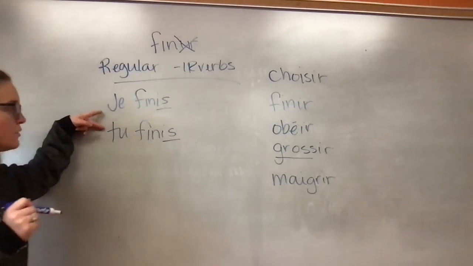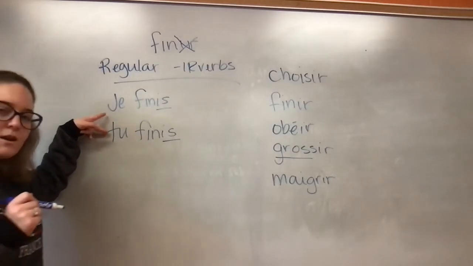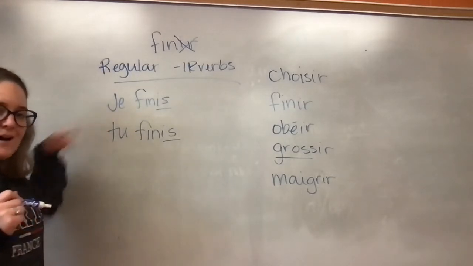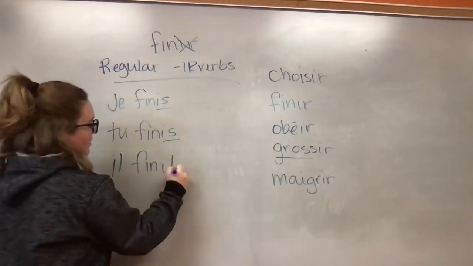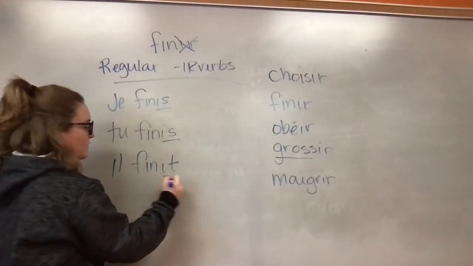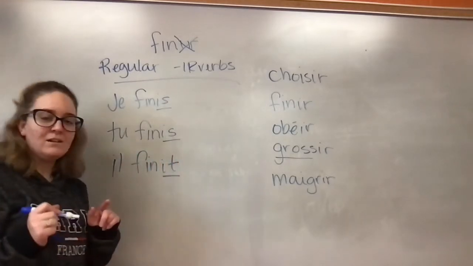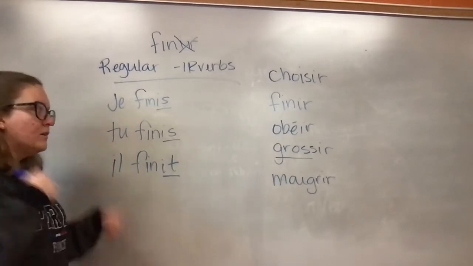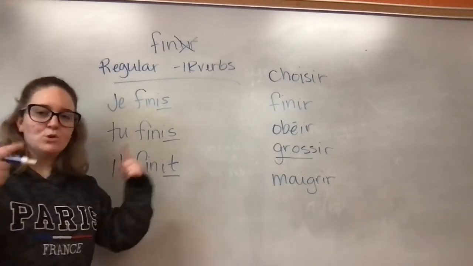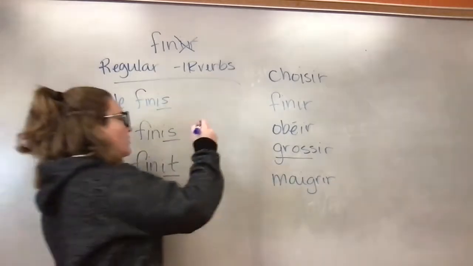The tu and the je form look identical to one another. All right, so both of them have is at the end. Fini with a t at the end. So we have is, it. This might start to jog your memory. Madame Leduc taught you a fun little song that went with this.